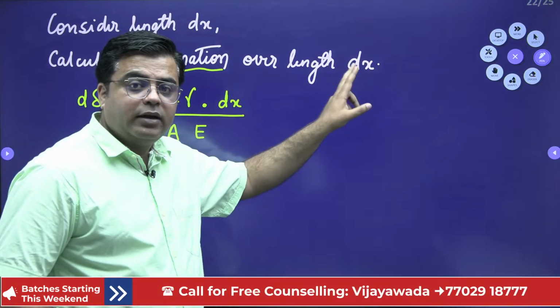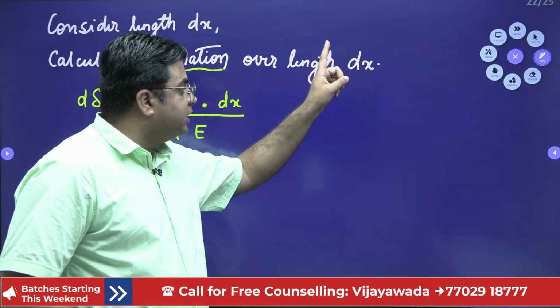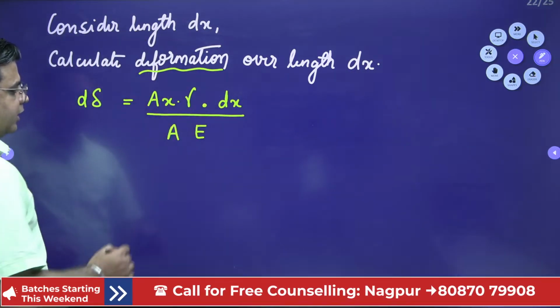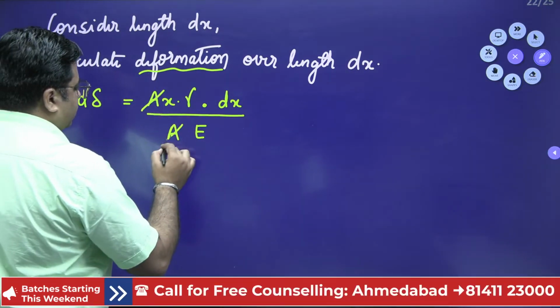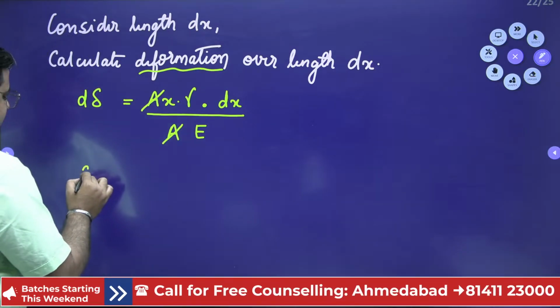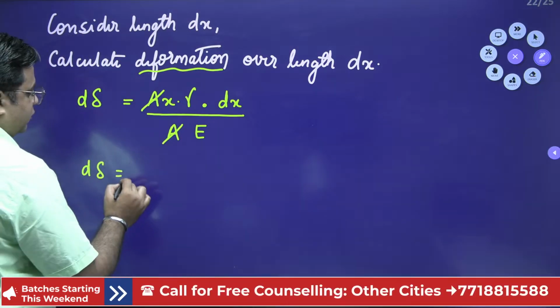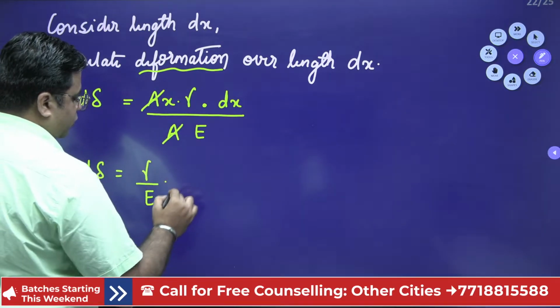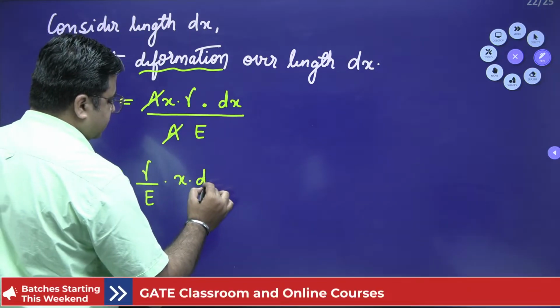What we calculated is the deformation over length dx. Length is dx, so this A and A cancel out, and you have d delta equals gamma by E into x dx.